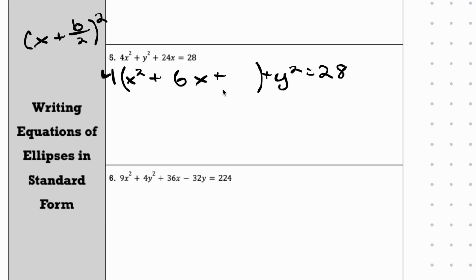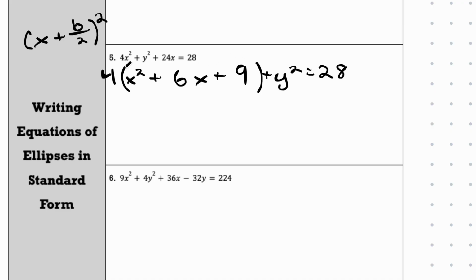If you have any questions about this, I'd go back and watch the circle video because we talk about this a little bit more in depth. But this is the same process. So b over 2 is going to be 6 over 2, which is 3, and that squared is going to be 9.